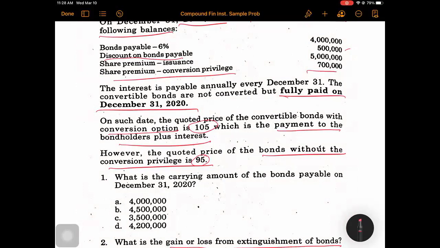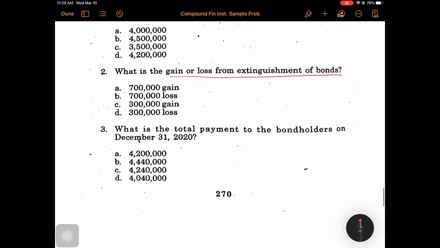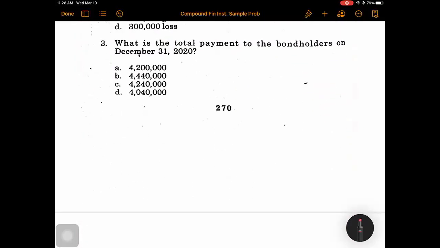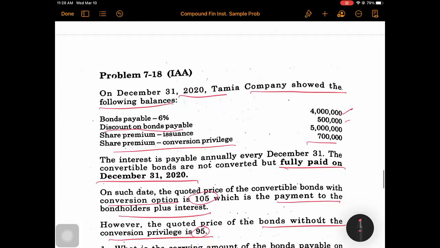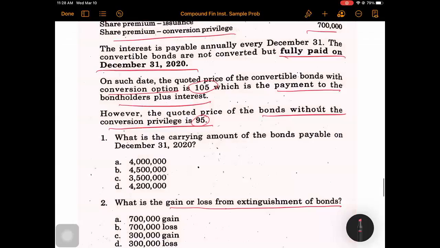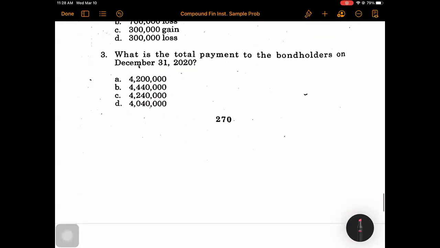So, sa itong buhaton, so let's say, ibutang itong quoted price, including the conversion privilege. Pila ang face value ani? That's 5 million. This is with conversion privilege.